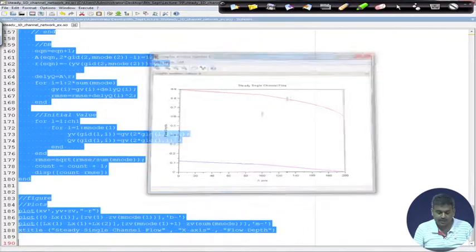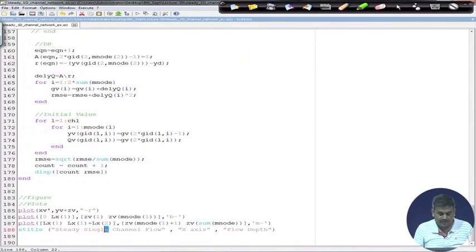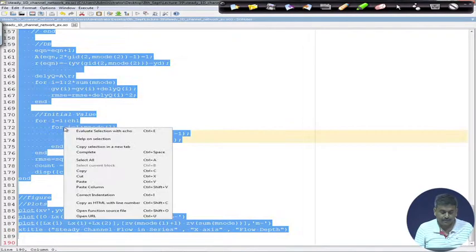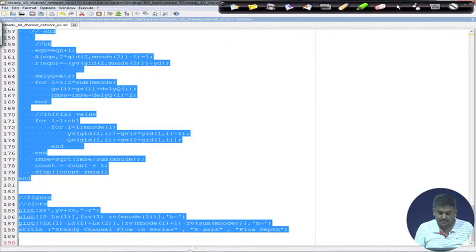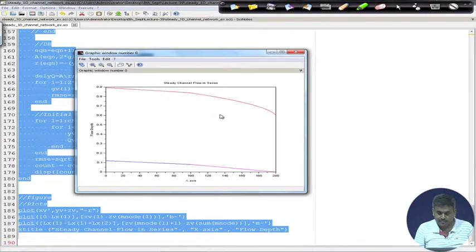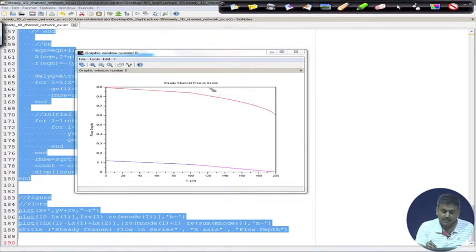We have the condition for steady channel flow in series. Now in this case we are getting one transition at this level.